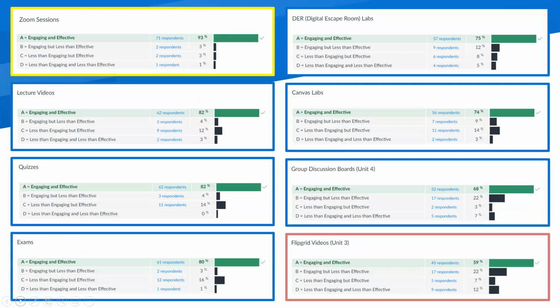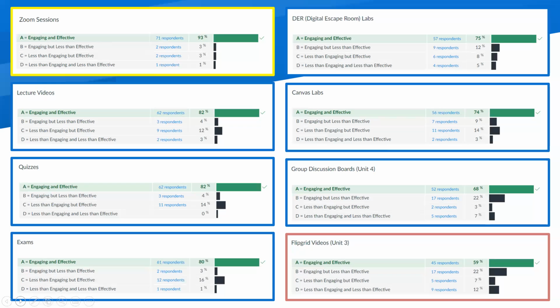So this shows you how those top 8 ranked. Our synchronous Zoom sessions every week were actually their favorite. Sometimes they were just our class and sometimes they included a guest presenter, but that was what they appreciated the most. And then our Flipgrid videos ranked number 8 out of the 10 things that I had on there.